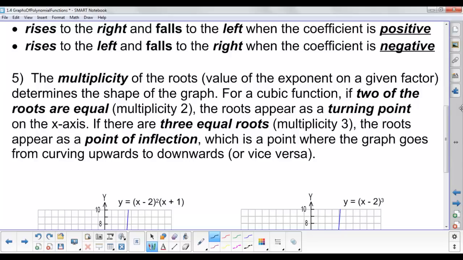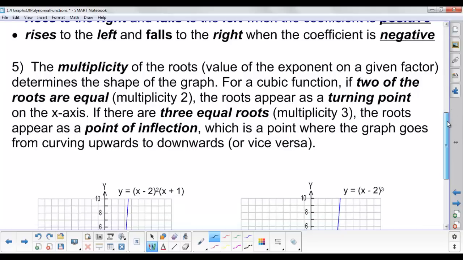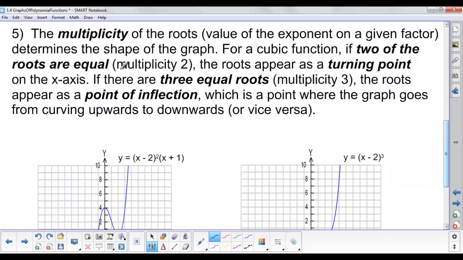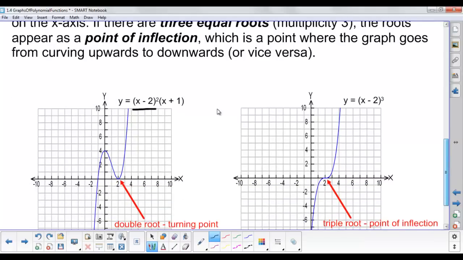So the last thing we're going to talk about is the multiplicity of the roots. The multiplicity determines the shape of the graph. If you have 2 equal roots, or a root that is raised to the power of 2, we say it's multiplicity 2. That particular root will give us a turning point. So for example, the graph on the left has a turning point at the root x equals positive 2. And we know that because of the exponent.